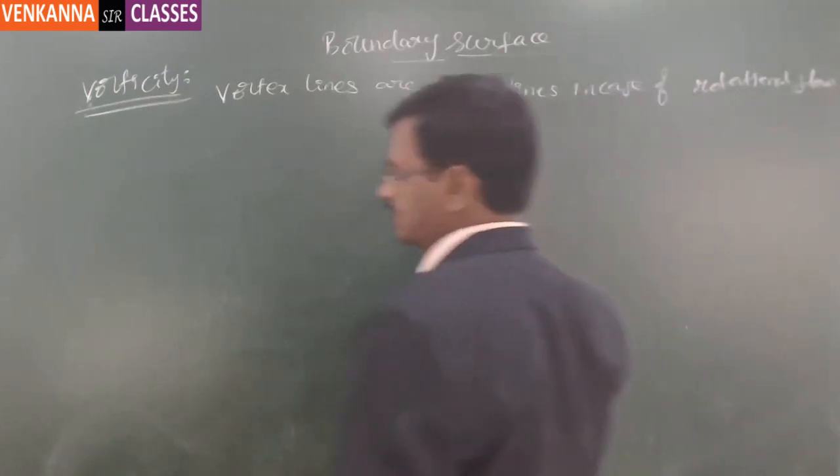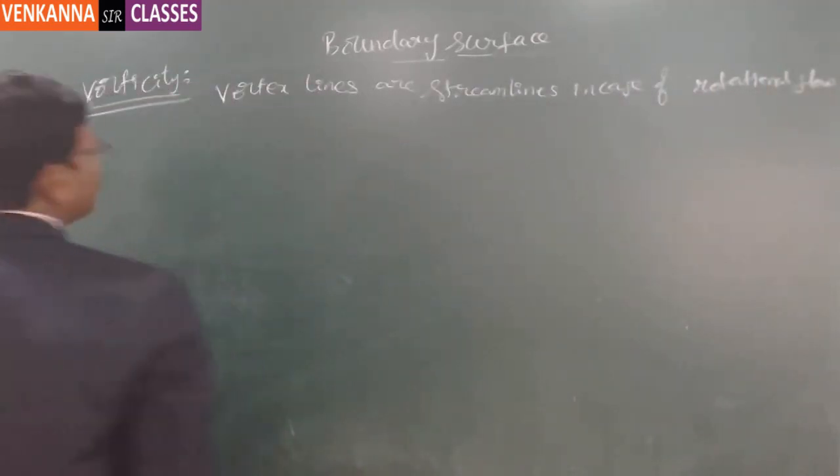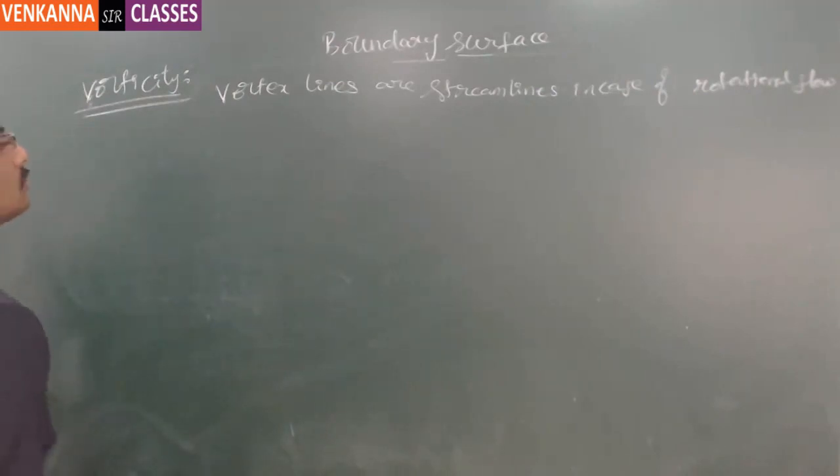So in case of rotational flow, the streamlines are nothing but what we call the vortex lines. The vortex lines can be found using the vorticity component vector. There is a name given for that, yeah, omega.